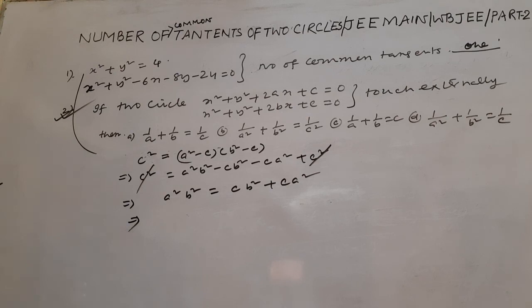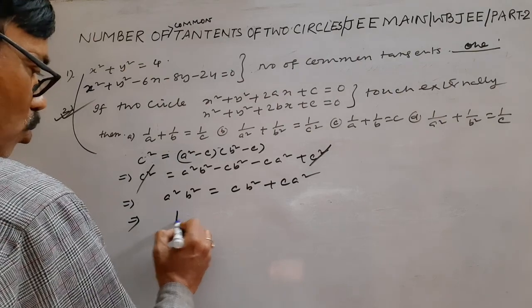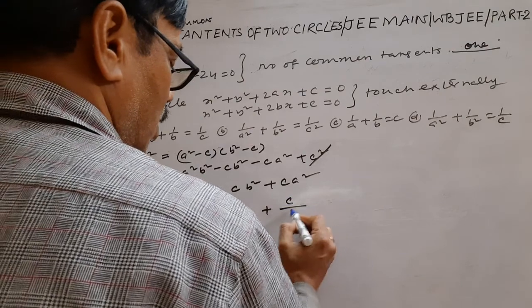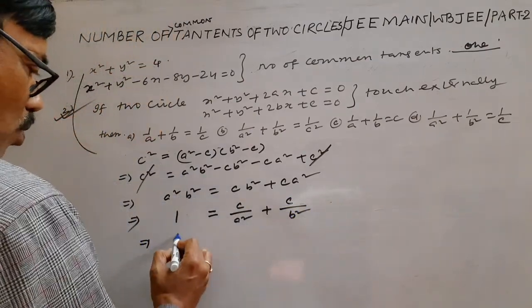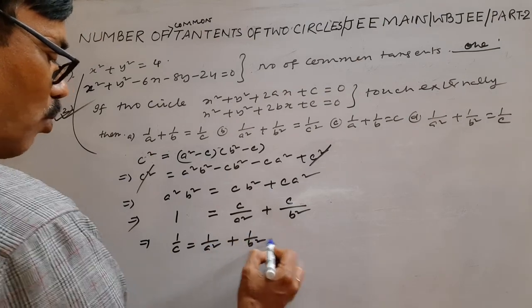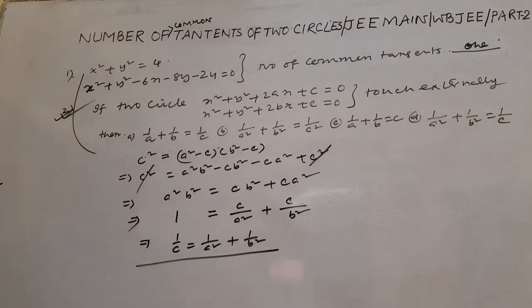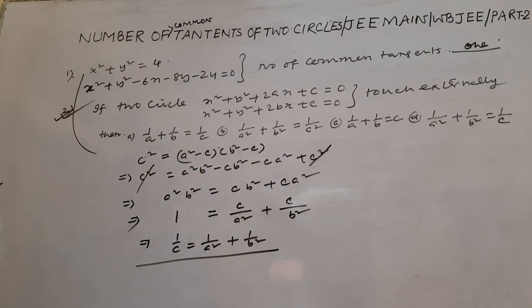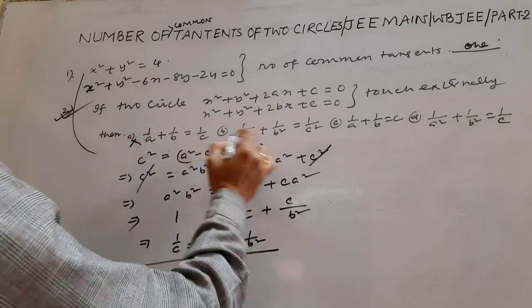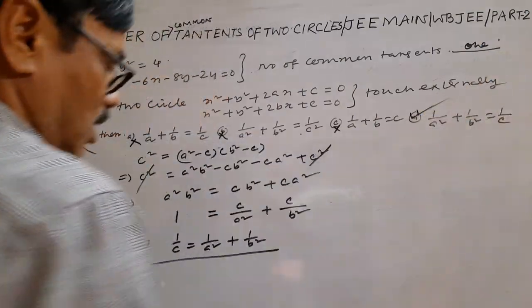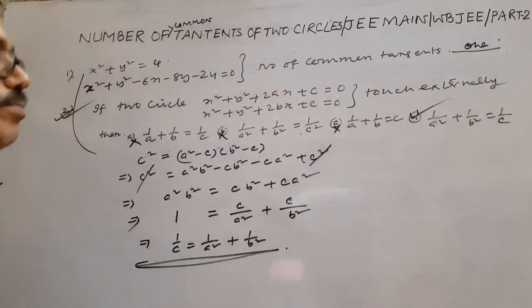Dividing by a square b square, we get 1 equals c by a square plus c by b square. So 1 by c equals 1 by a square plus 1 by b square. This is the required condition. So D is the possible option.